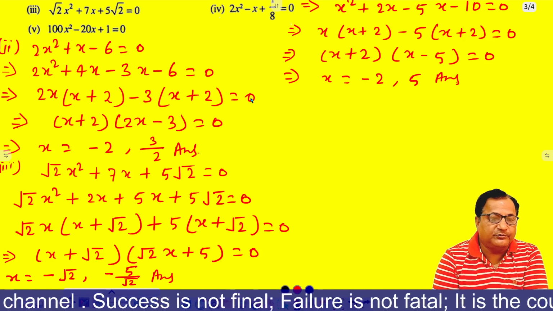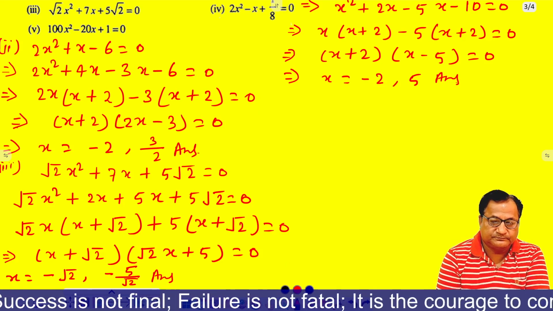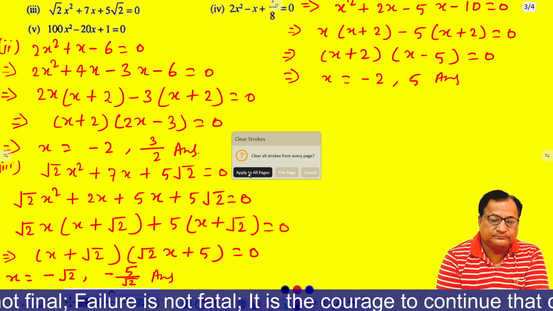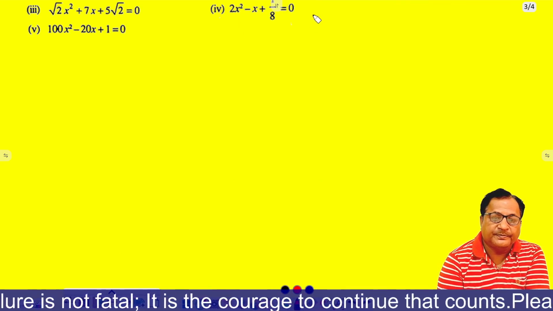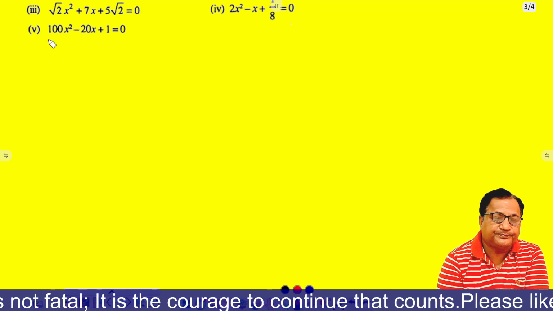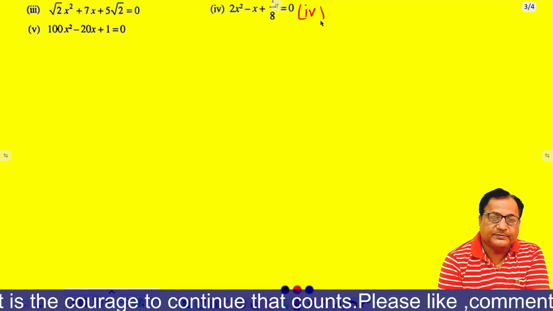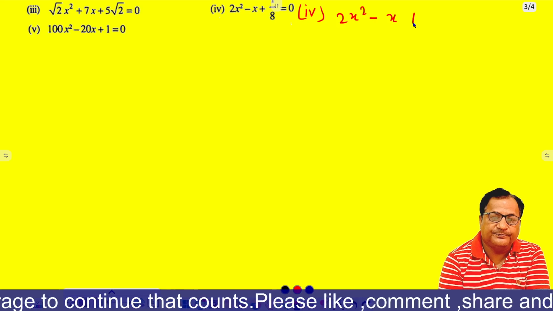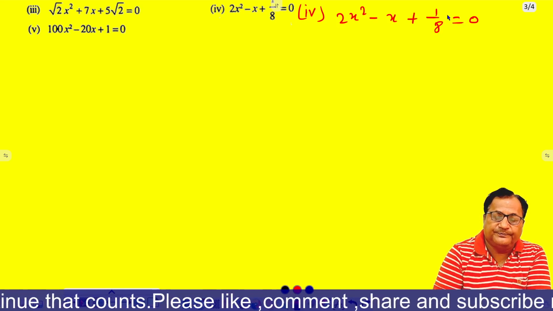Now question number 4. Question number 4 is 2x square minus x plus 1 by 8 is equal to 0.